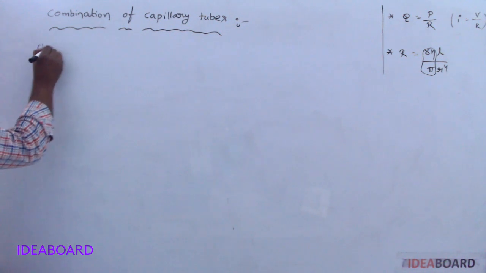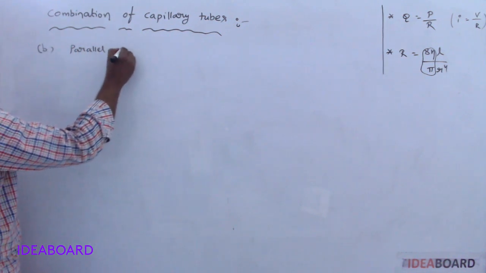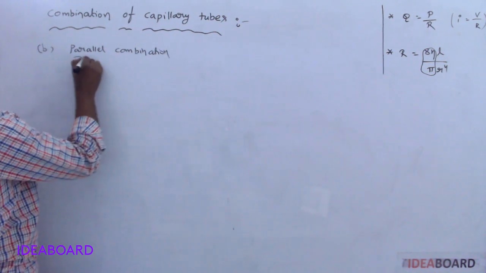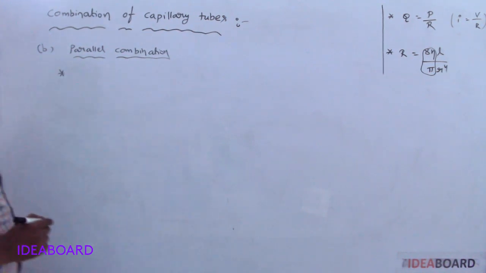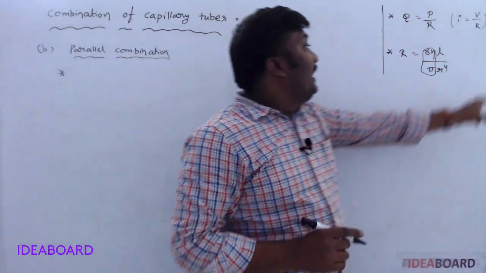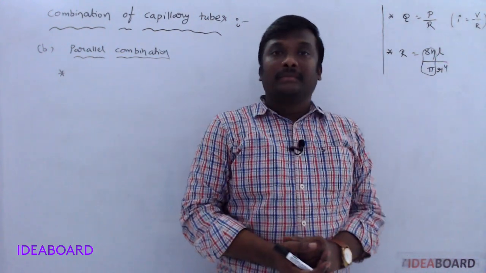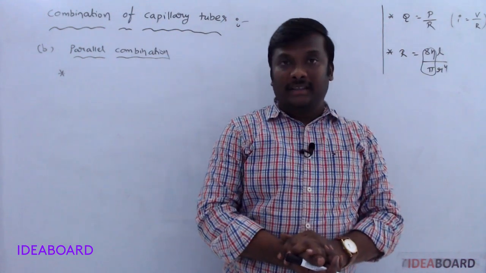Now the second one is parallel combination. Okay, in parallel combination, generally we know the potential difference always remains the same. It is analogous to pressure difference here.